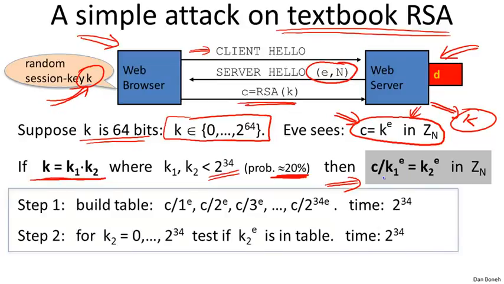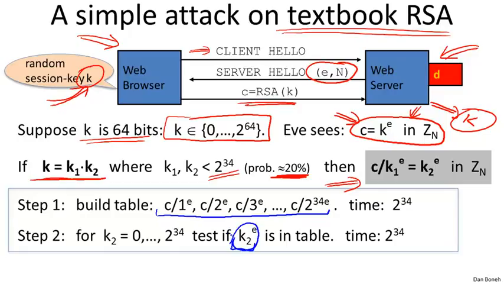What we would do is we would build a table of all possible values of the left-hand side, so all possible values of C over K1 to the E. There are 2 to the 34 of them. And then for all possible values of the right-hand side, namely for all possible values of K2 to the E, we're going to check whether this value lives in the table that we constructed in step 1.